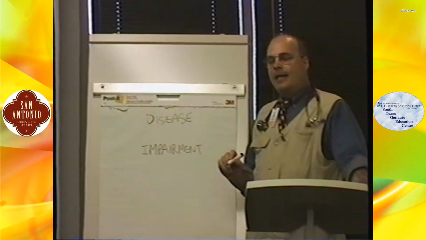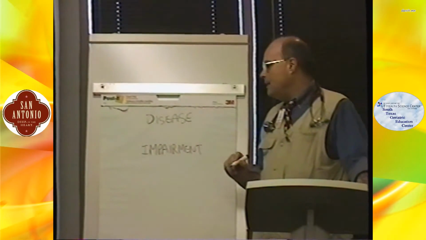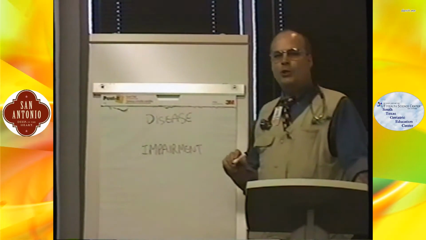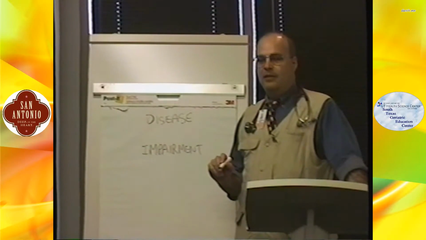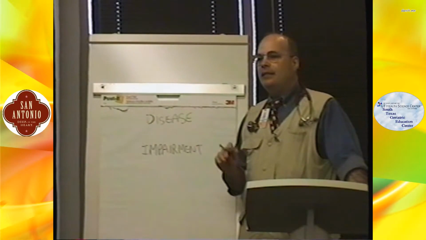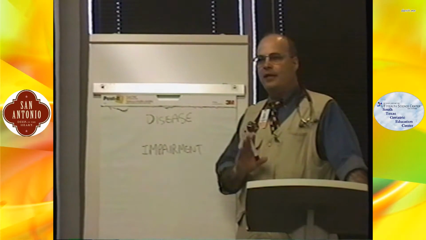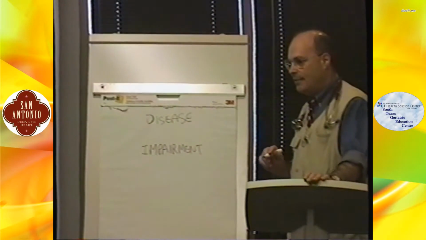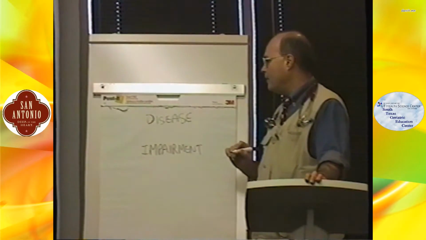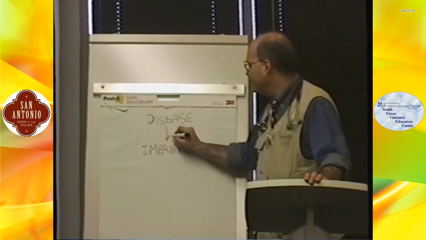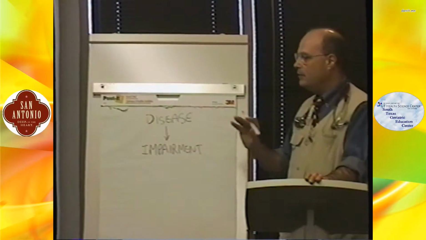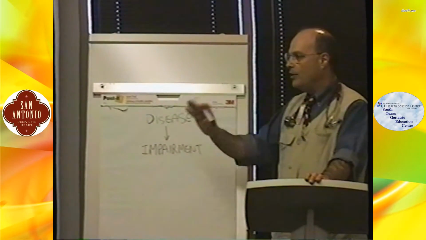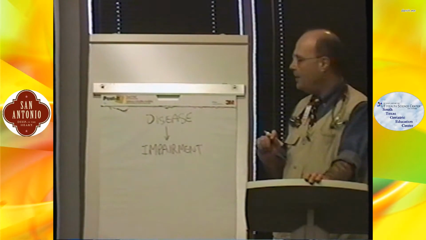Okay? Now, an impairment would be some kind of measured abnormality that does not yet affect function. Okay? So let's say, for example, in our case of high blood pressure, again, I hope you all can read this from where you are out in El Paso.